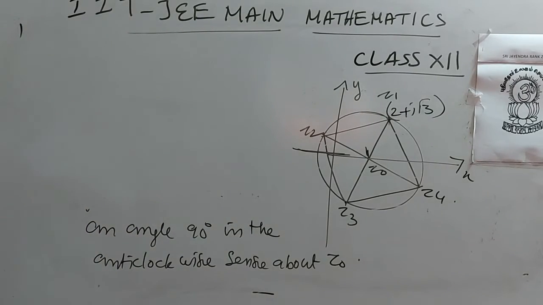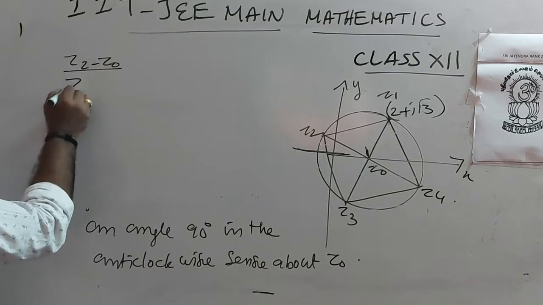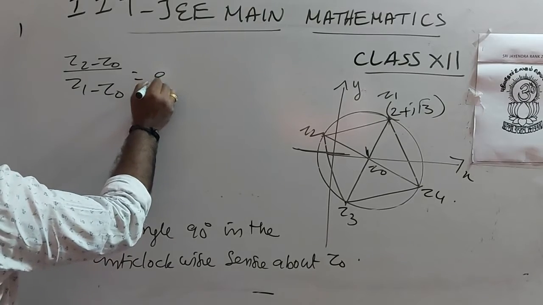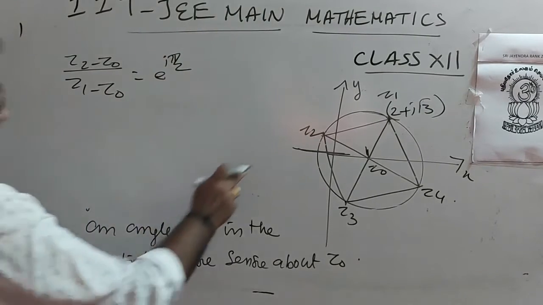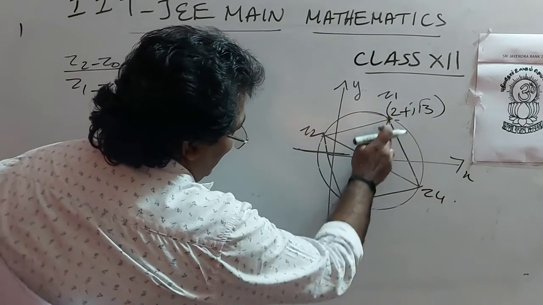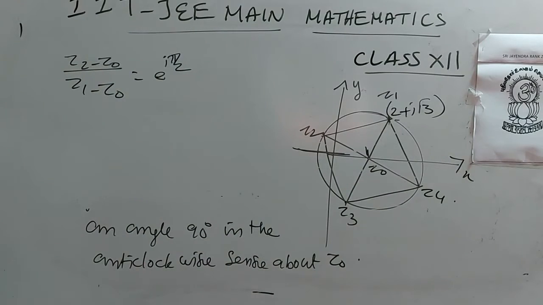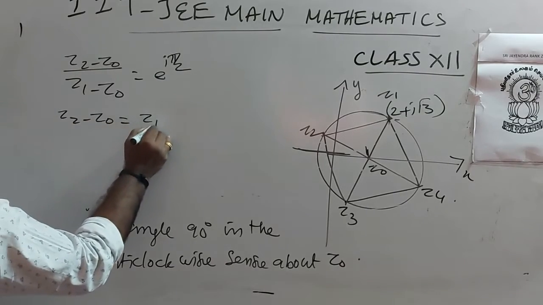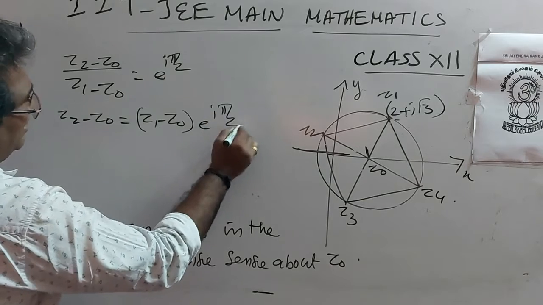That is, using the rotation property, Z2 minus Z0 divided by Z1 minus Z0 equal to e power i theta. This angle is 90 degree, e power i pi by 2. That is Z2 minus Z0 equal to Z1 minus Z0 into e power i pi by 2.